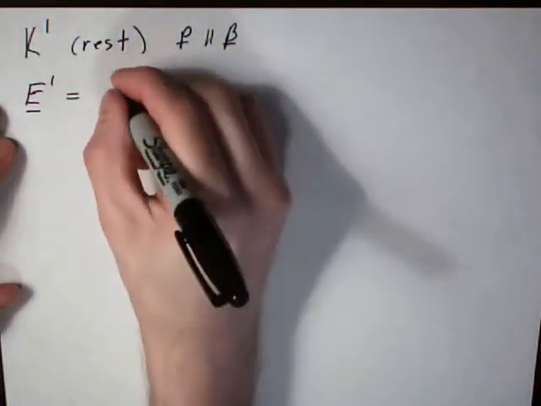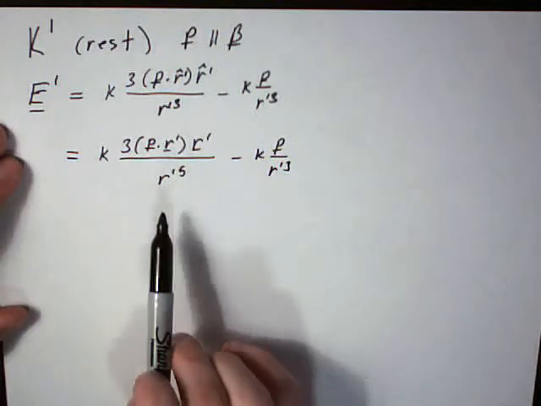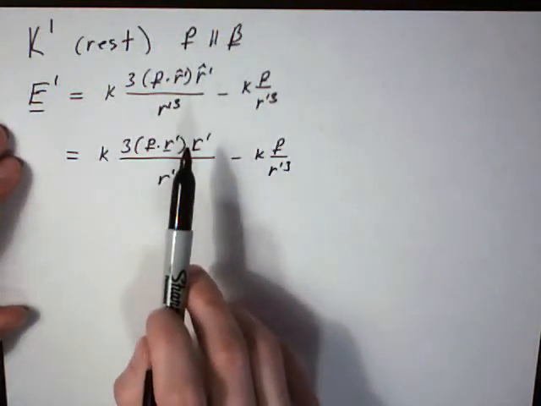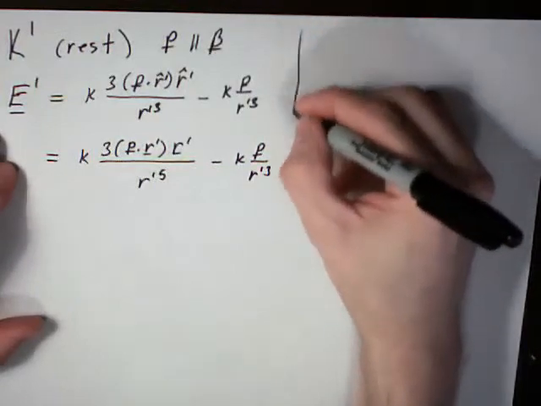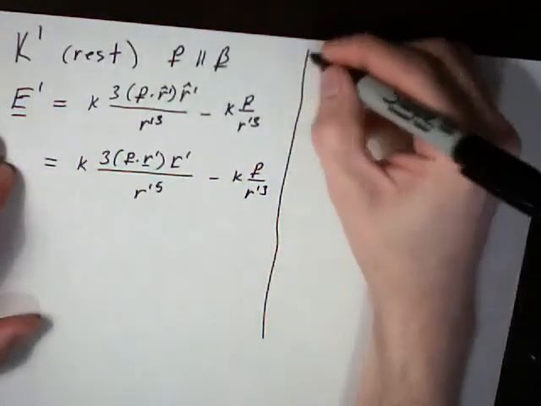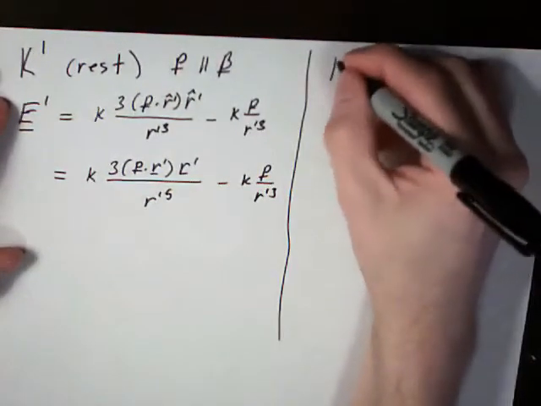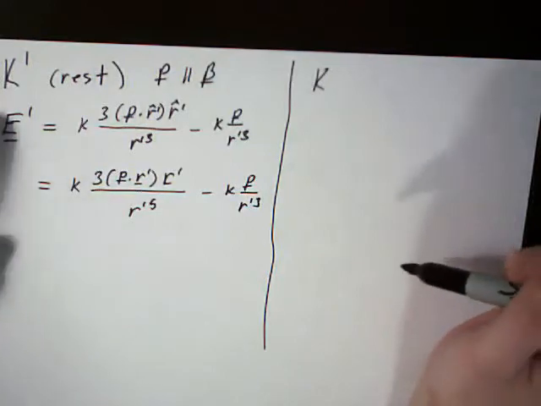So we're writing that out, so that I now have r prime to the fifth down here, and then just the r prime vectors up here. Now that I have the formula for the electric field in the prime frame, the rest frame, I need to define my coordinates in the moving frame, because this is where I want to write the coordinates.